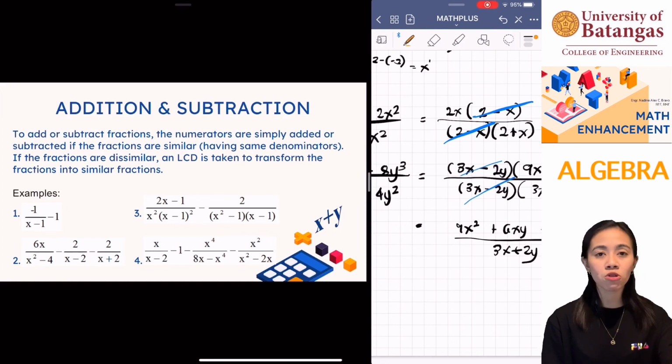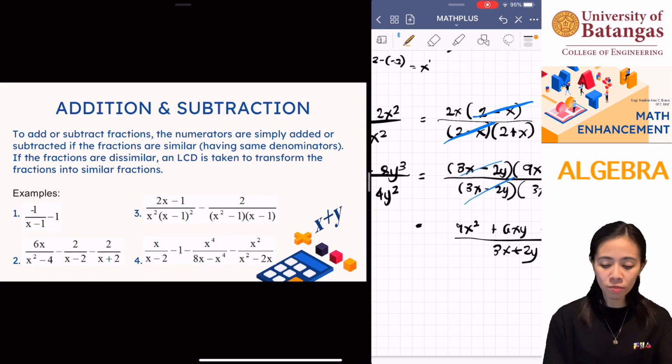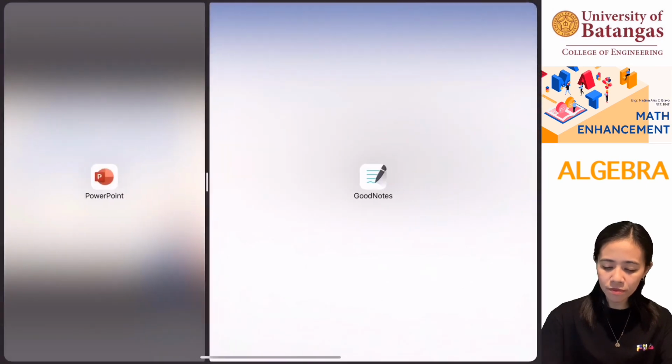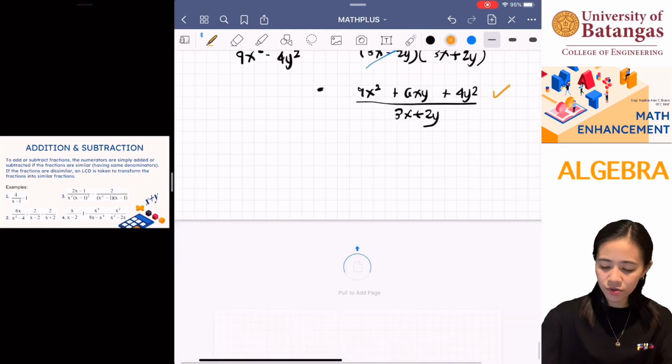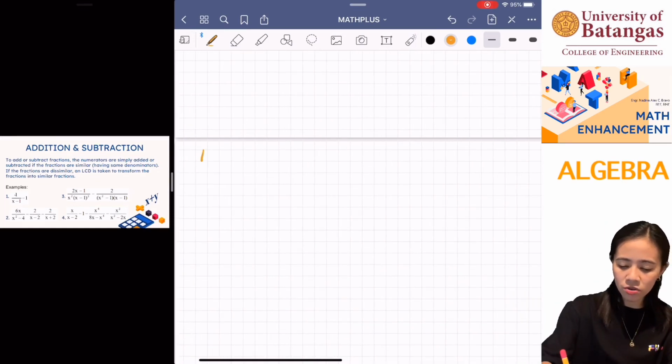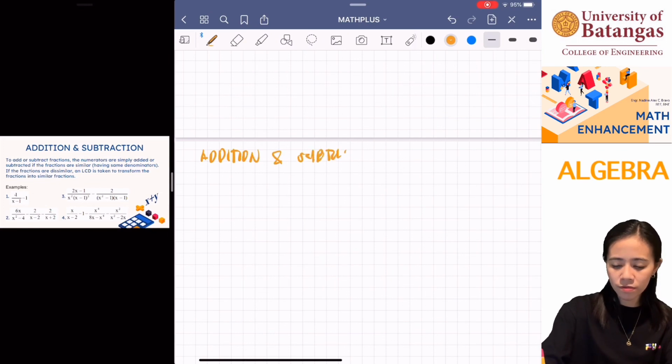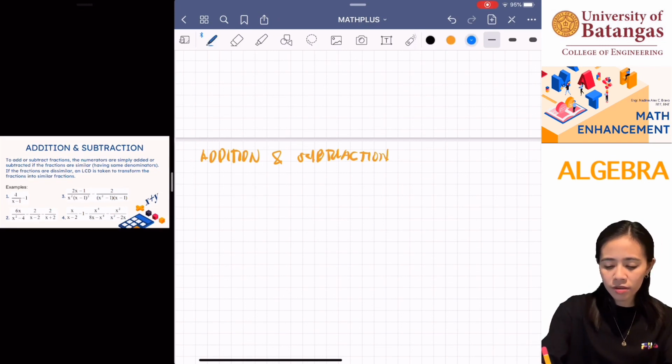Pero, kapag fractions po ang pinag-uusapan, ang tinitingnan po natin dyan is the denominator. If the fractions have the same denominator, ibig sabihin, we simply add their numerator. So, halimbawa, if for example, you have 2x over 4 plus 3x over 4.